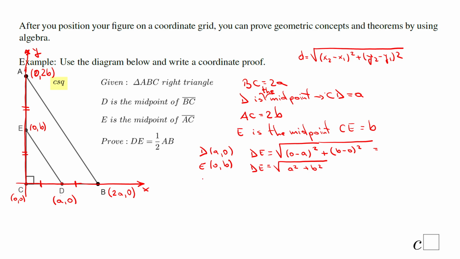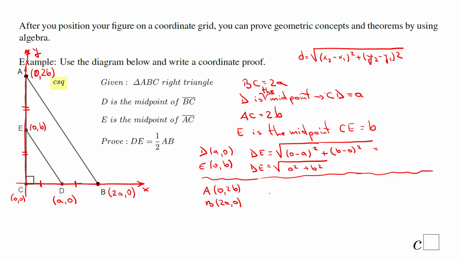Now we're going to do similar for the segment AB. We're going to do the same math, and let me be consistent. Point A is at 0 and 2B, and point B is at 2A and 0.